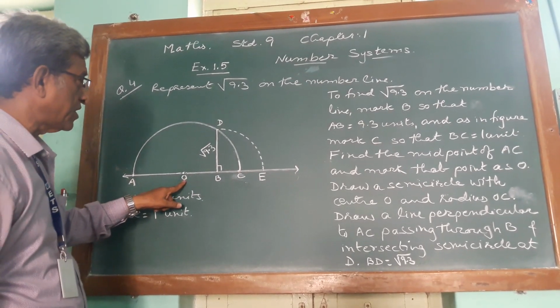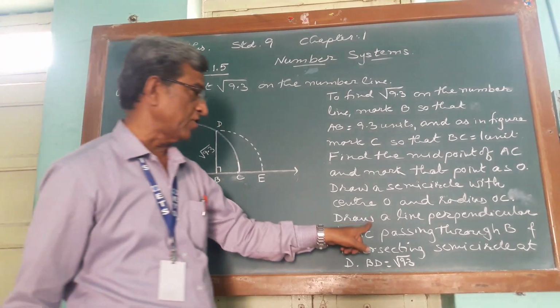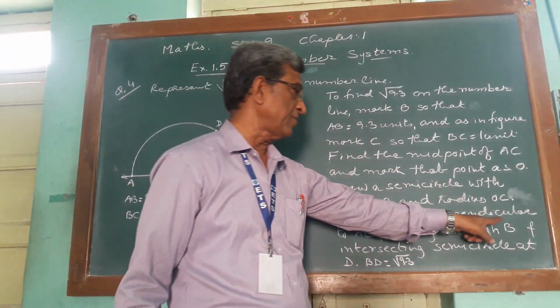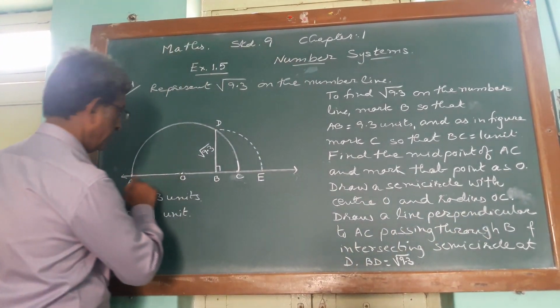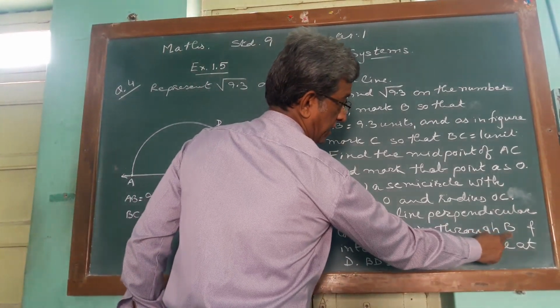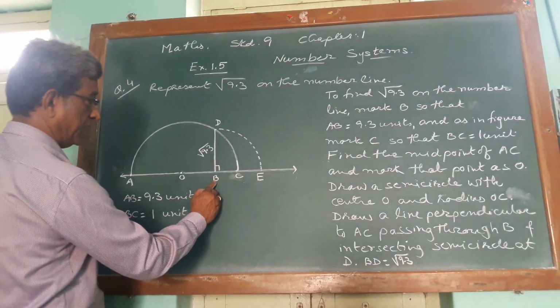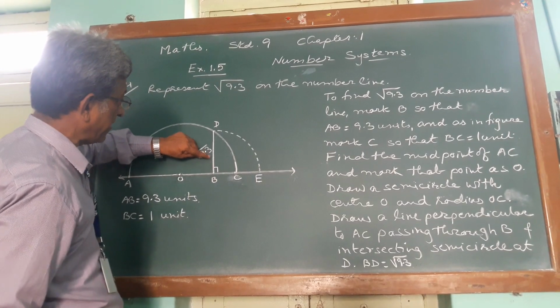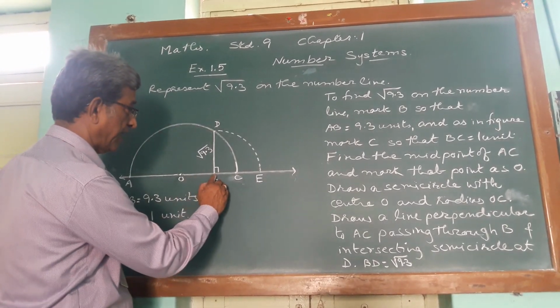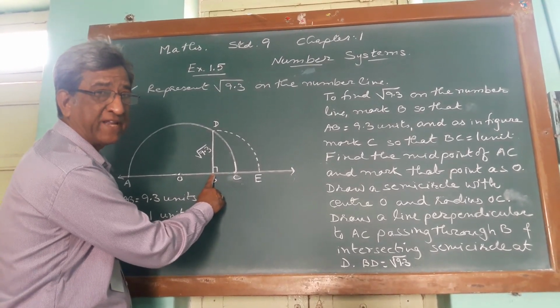After drawing the semicircle, draw a line perpendicular to AC through B. From B, you have to draw one line perpendicular to AC with the help of a protractor or set square.